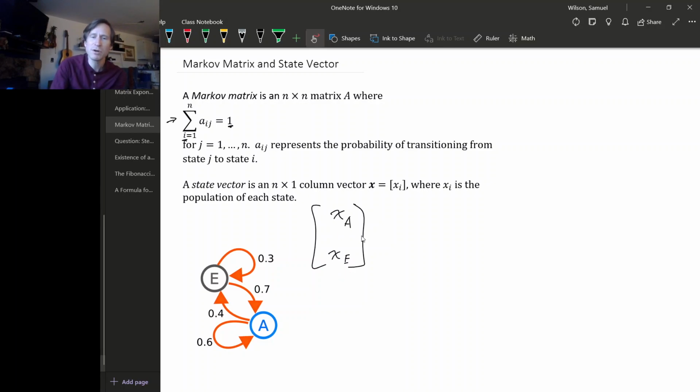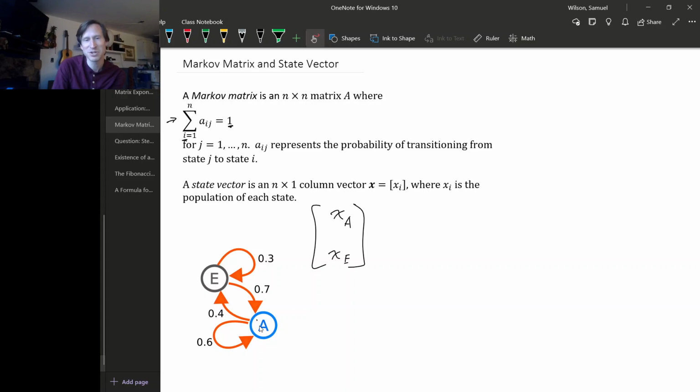And what the entry in a position means is essentially the population of that state. So one way to think about what a Markov chain is doing is you can imagine putting some number of tokens on each state, on each bubble, and then at each step in time, you move each token according to the probabilities.